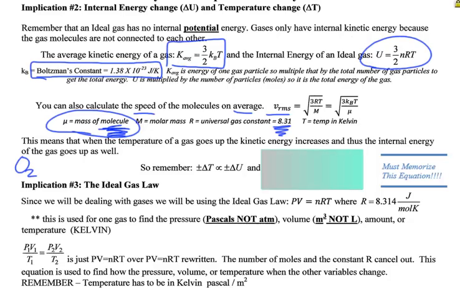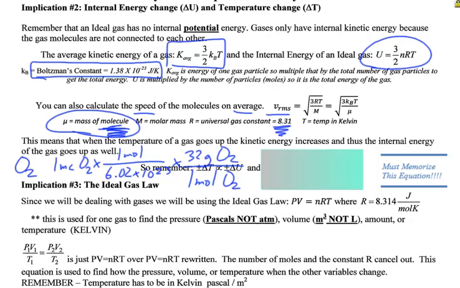If you have one molecule of O2, well, there's 6.02 times 10^23 molecules for every mole, and in 1 mole of oxygen, I believe it's 32 grams of oxygen.